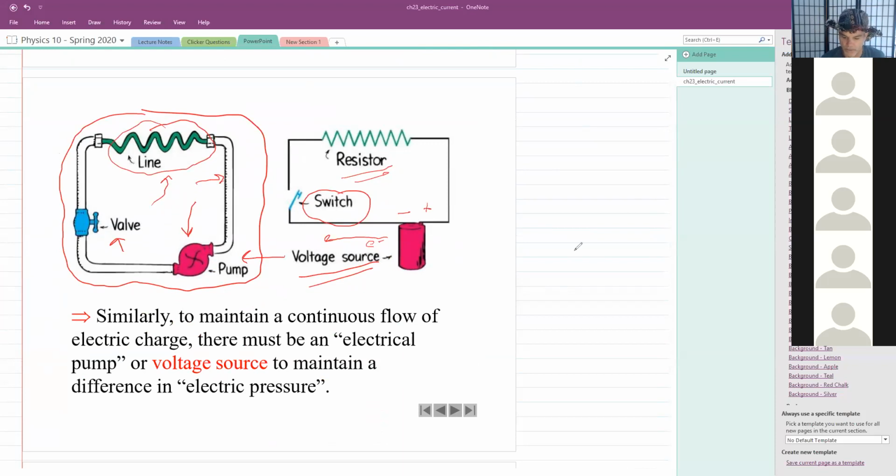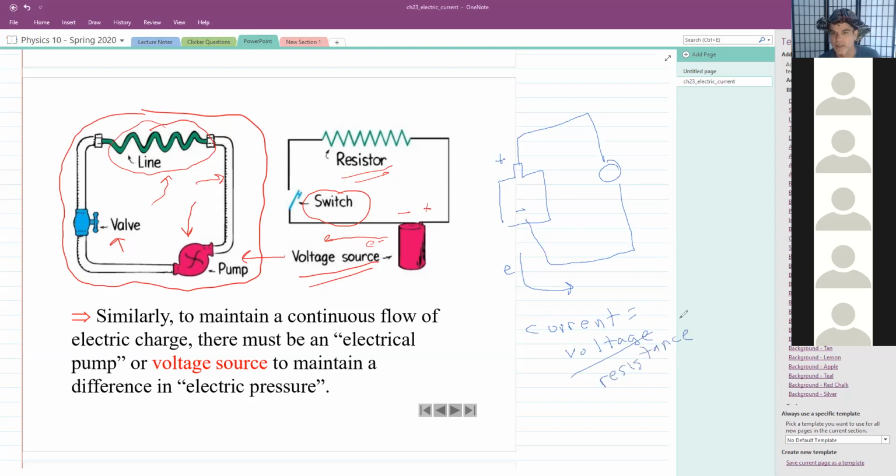If I have a simple circuit, I got a little battery. Here's my positive, here's my negative. So I'm going to have a certain amount of current flowing. And if I want to know how much current, it's basically equal to the voltage divided by the resistance. So the resistance is the resistance of the entire circuit.